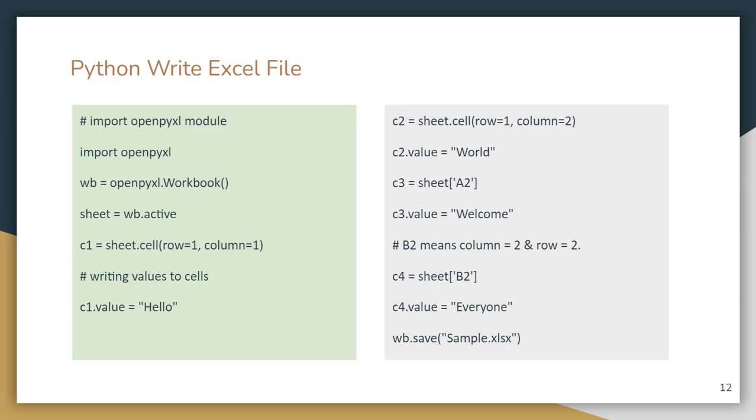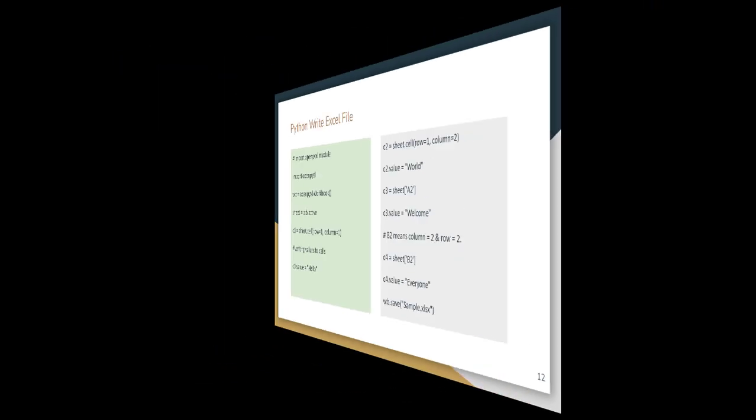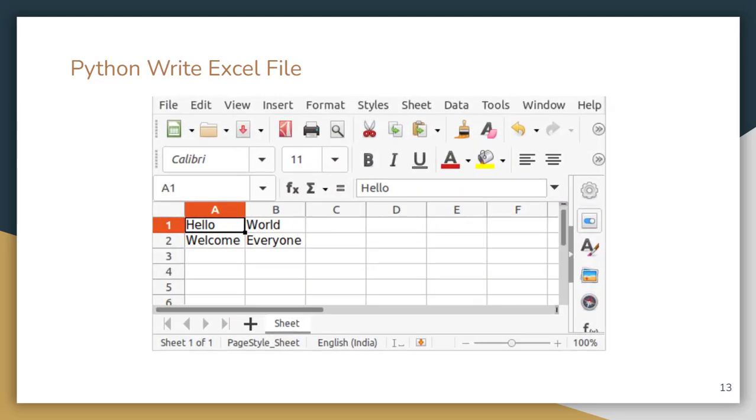Then wb.save("sample.xlsx"), that is, we are going to save the sample Excel file. Whenever you compile and execute this code in any Python compiler or IDE, you can see the output like this in the Excel file.